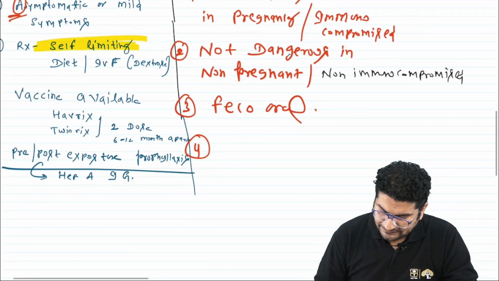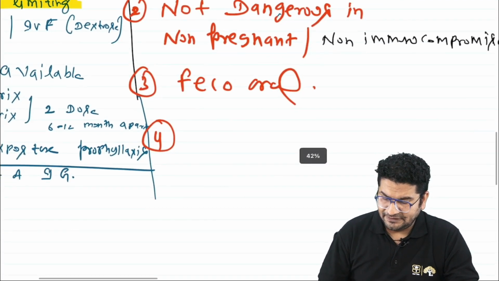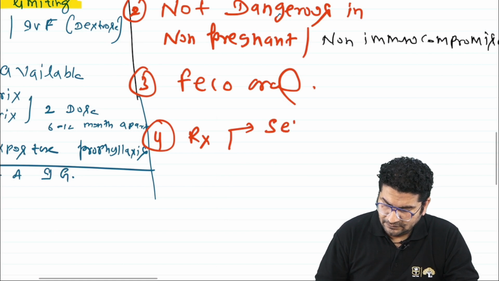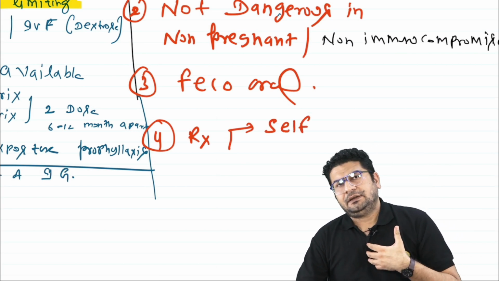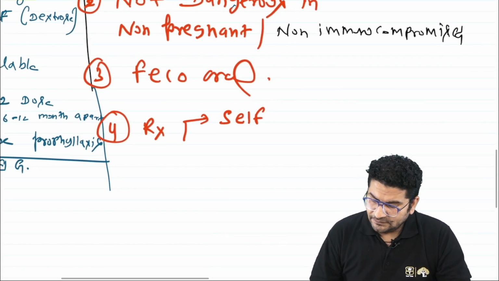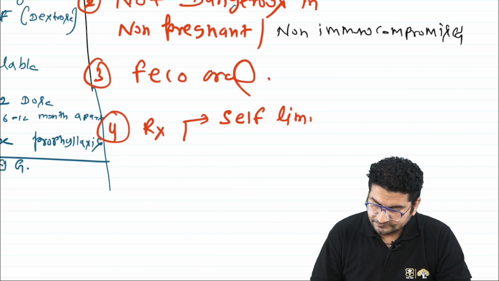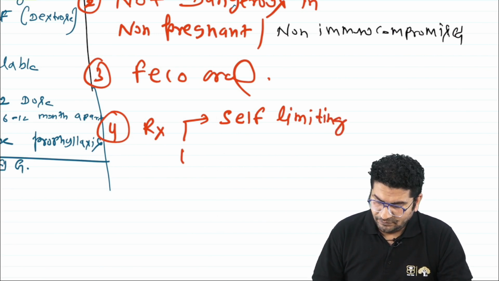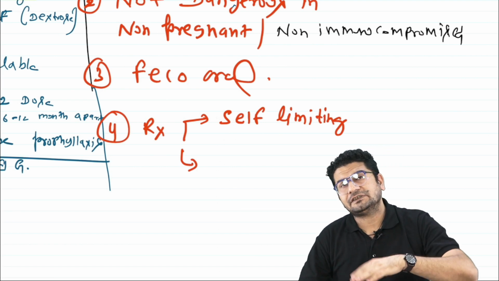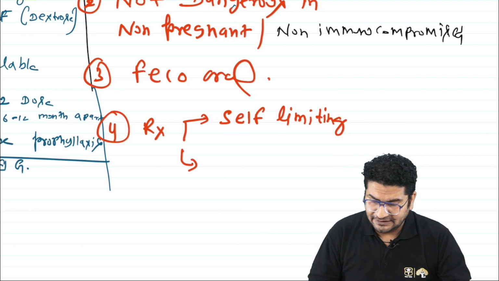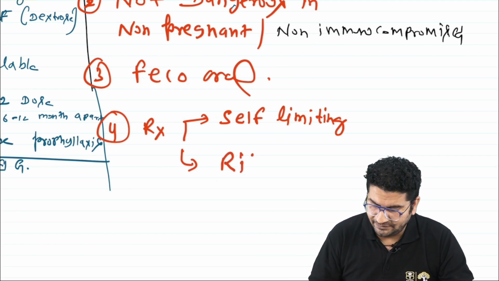Then for differences, I can say treatment. In a person like me or you, non-pregnant and non-immunocompromised, it is self-limiting. But in an immunocompromised patient, or when it is not getting treated, what can we add?